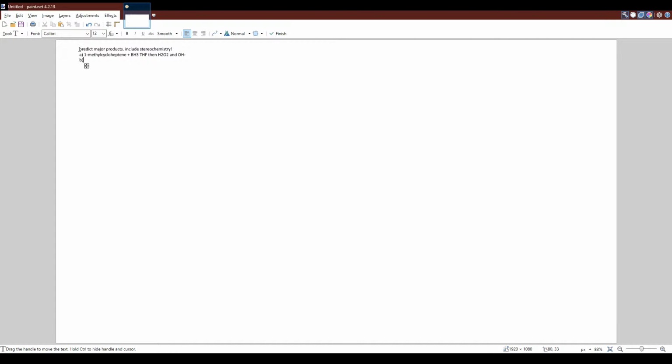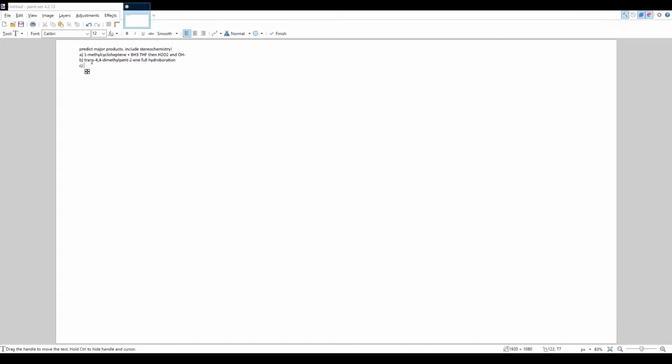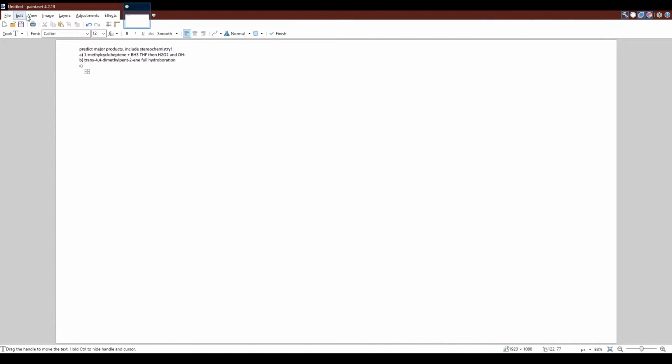Then trans-4,4-dimethyl pent-2-ene with full hydroboration, and then some kind of strange norbornene type of molecule. It's methyl norbornene, I think what you call it. I don't know how to name those. It's this thing. And then you do a full hydroboration.